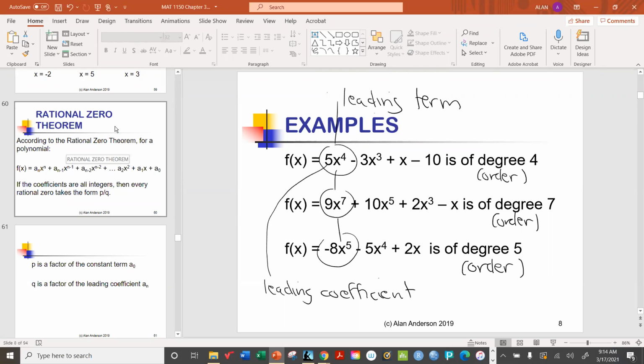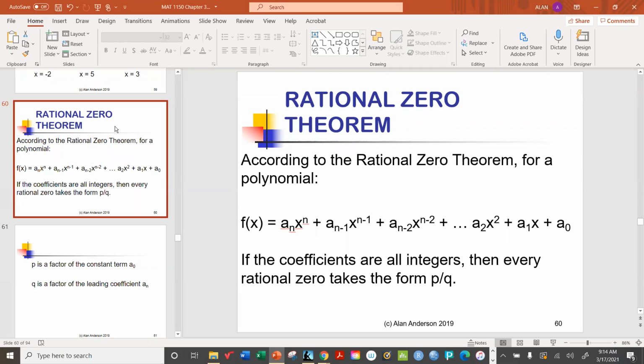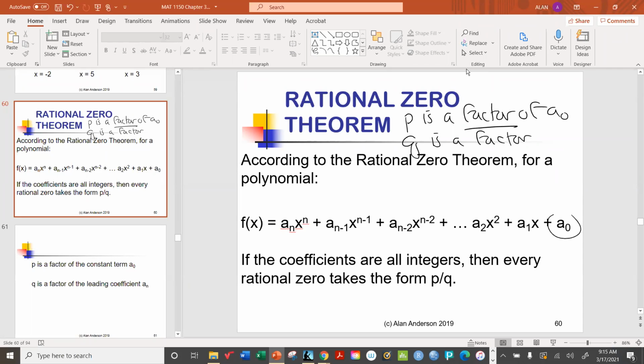And so this basically is telling us that if you have a standard polynomial, assuming that the coefficients are integers, we're going to define the letter P to represent a factor of A0, and A0, by the way, is the constant in the equation. Q is a factor of the leading coefficient.